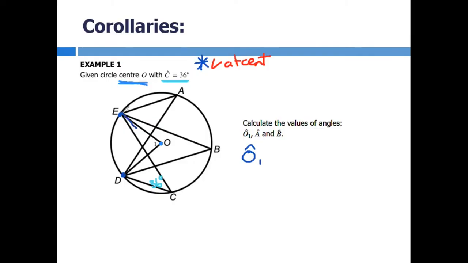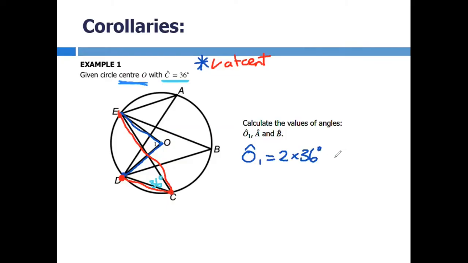So I start off and I go to O1. And then there's actually quite a few places I could go. I can go up here. And the reason I'm going up here is because that's the information they gave me. So yes, O1 is 72 degrees. Well done, guys. Okay, so remember, angle at center, so that is O1, is equal to 2 times the angle at the circumference, which is 36 degrees.